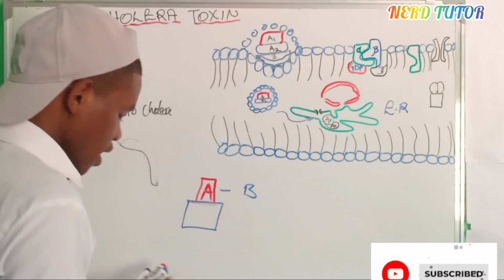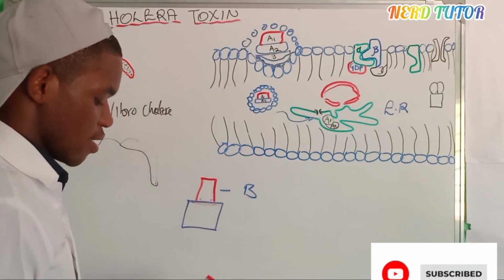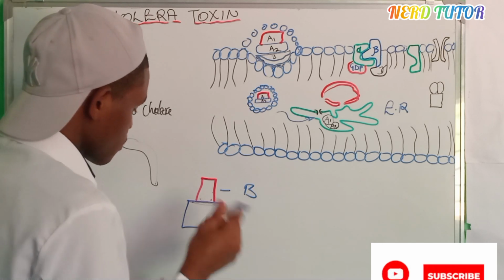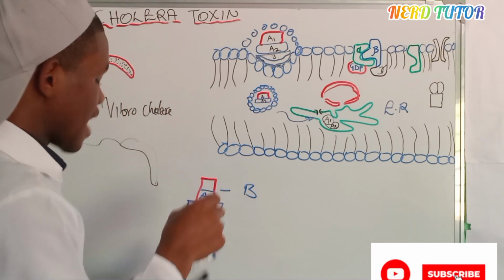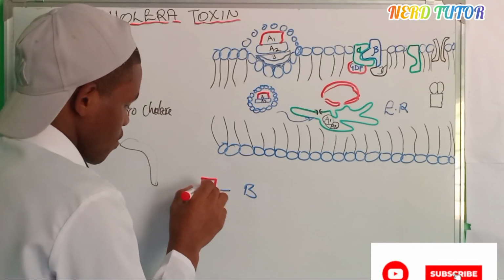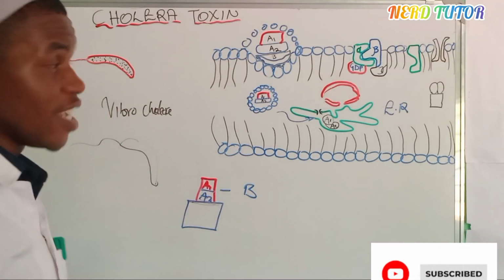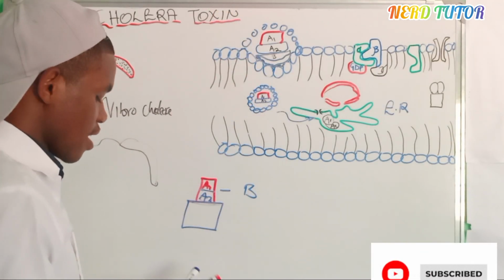So here, this is further divided into two domains. This is A2, and it is carrying the boss, the A1, the most deadly toxin part. This is how it is.